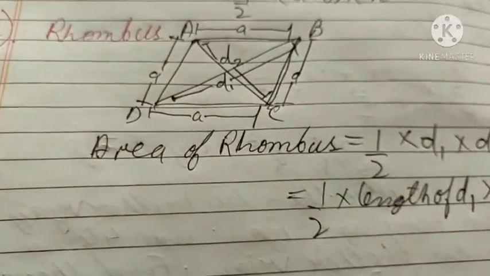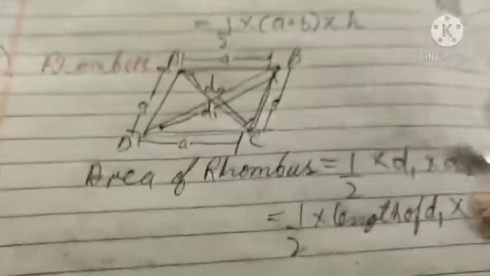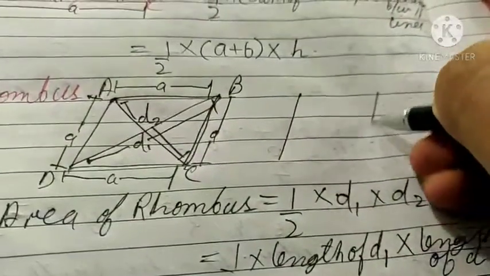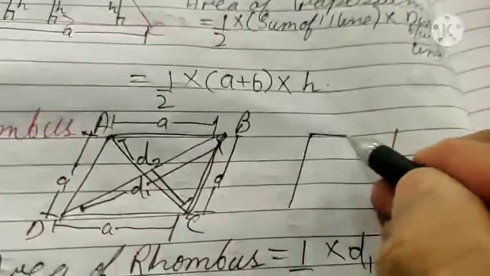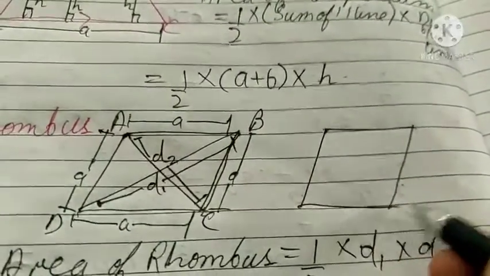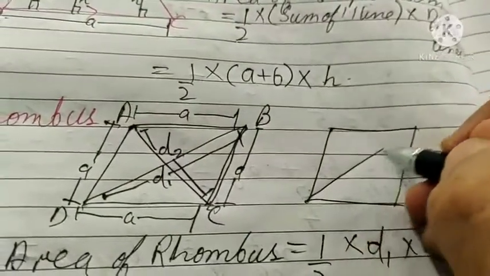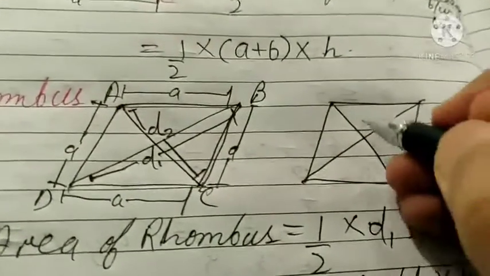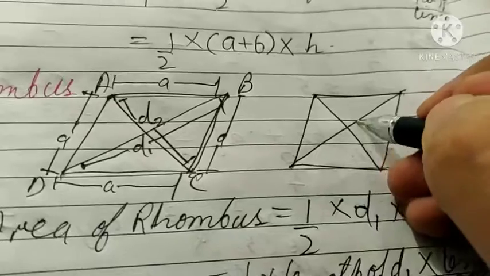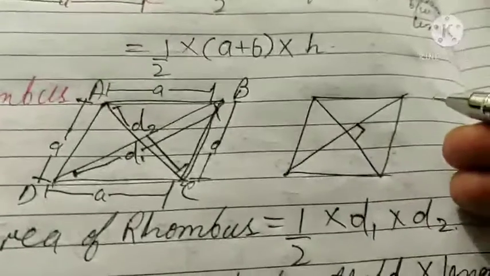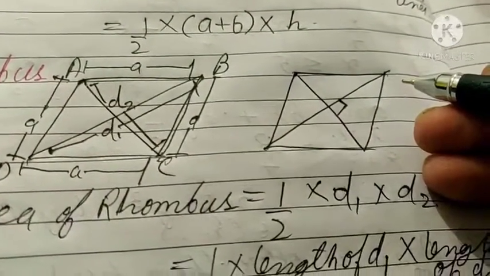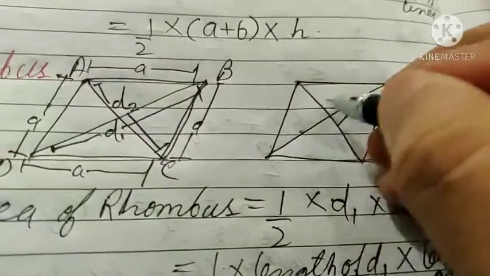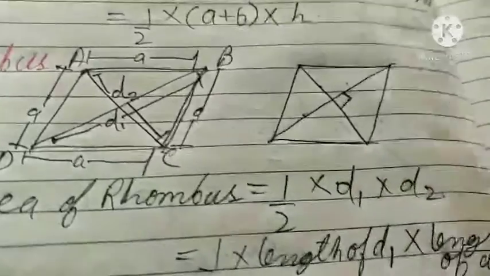Okay, so if I explain the figure of a rhombus, this was D1 and this was D2, and the diagonals bisect each other at 90 degree. All the angles are 90 degree, and these are equal halves, means they are bisected at 90 degree.